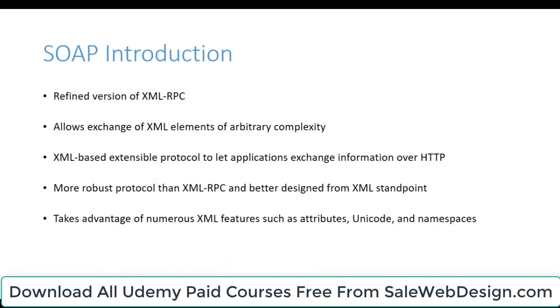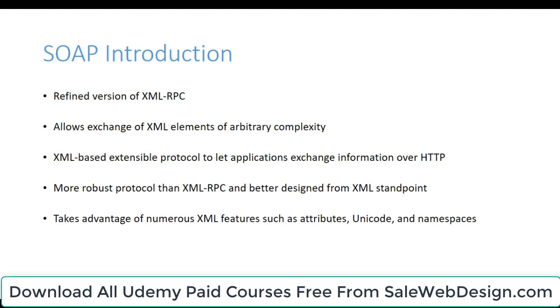SOAP is the most generic of all XML protocols, allowing the exchange of XML elements of arbitrary complexity which may or may not be treated as method calls and arguments. SOAP is a W3C recommendation, XML-based extensible protocol to let applications exchange information over HTTP. SOAP is a much more robust protocol than XML RPC.